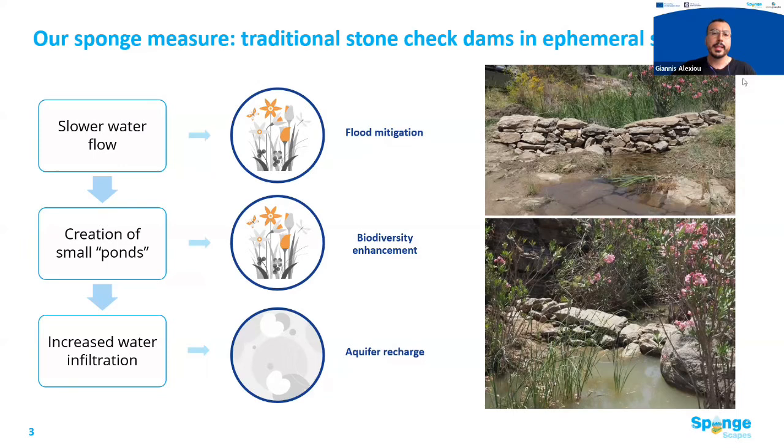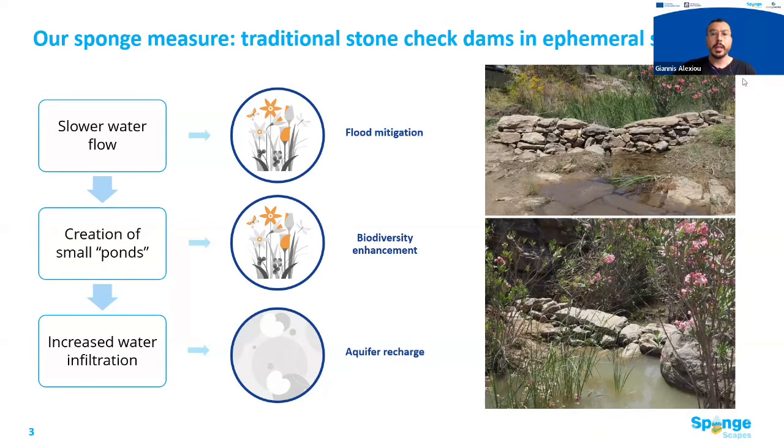And these serve as an oasis for local fauna and flora to be enhanced locally. Finally, all this water that is stored in these ponds leads to increased water infiltration and thus recharges the aquifer. In our case study in Paros Island, our main goals are to recharge the aquifer and also enhance biodiversity there.